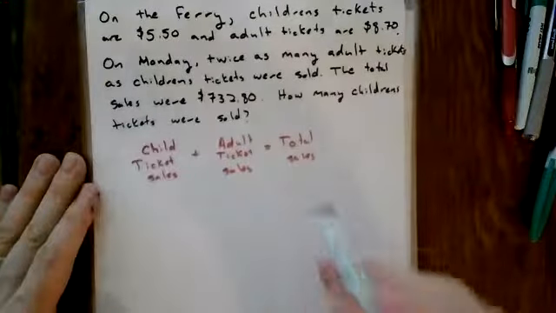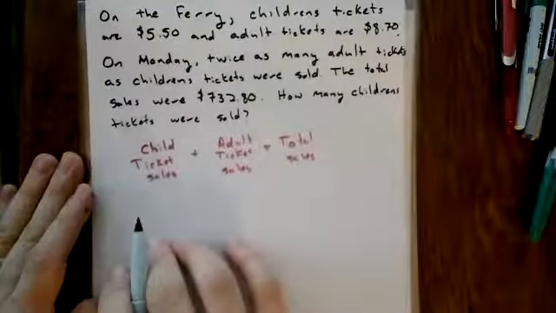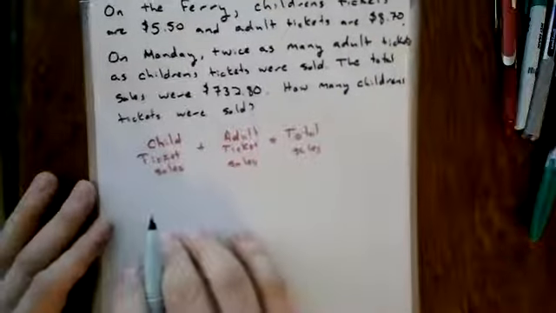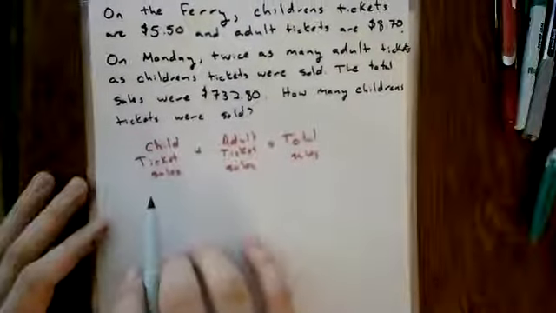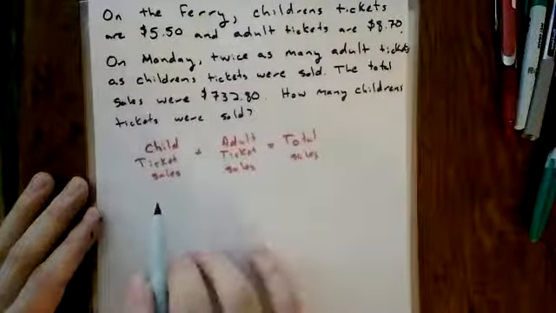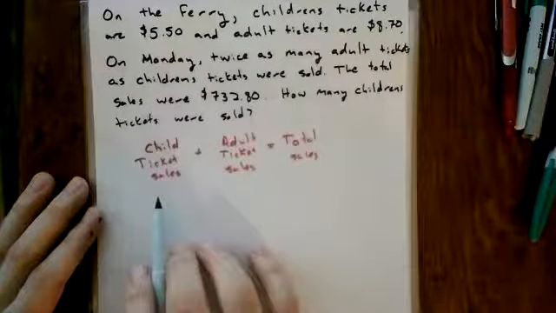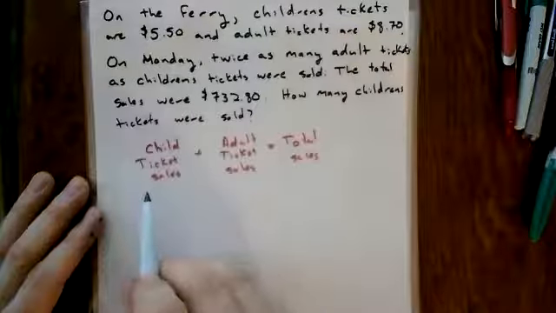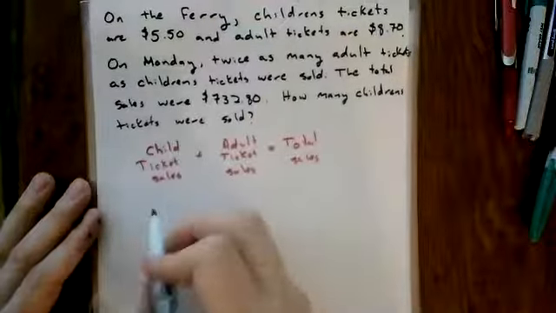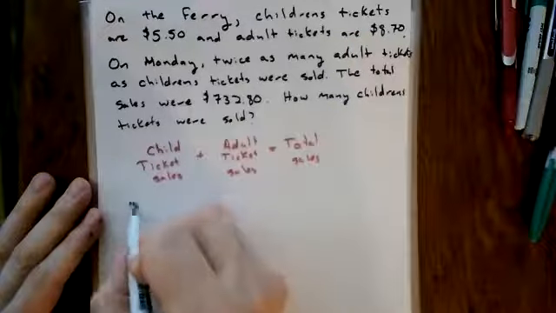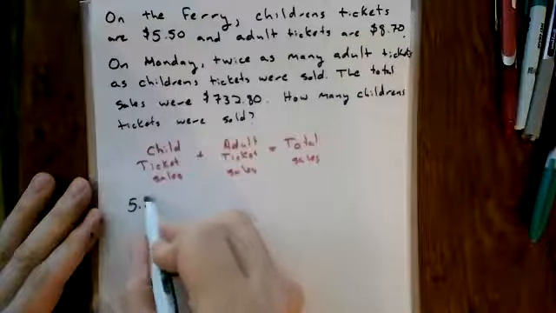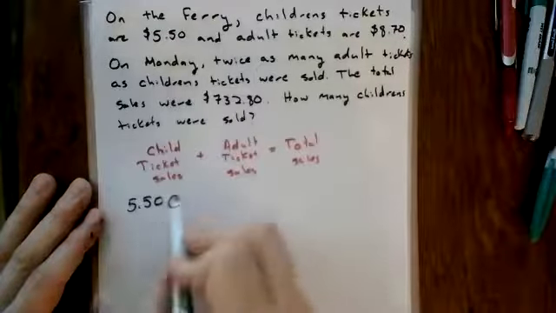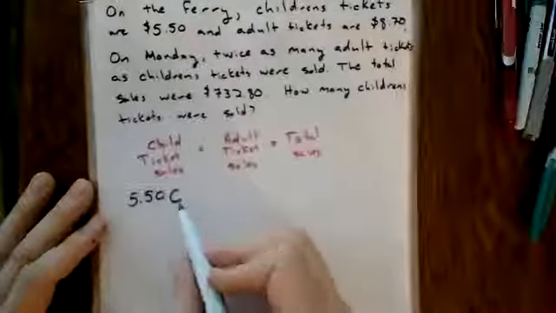So one of the things that I do like to mention is we've been using X and Y as sort of convenient variables, but there are times when it's much better to use a meaningful variable. So here I'm going to say 5.50 times C. This is going to be the number of children's tickets.